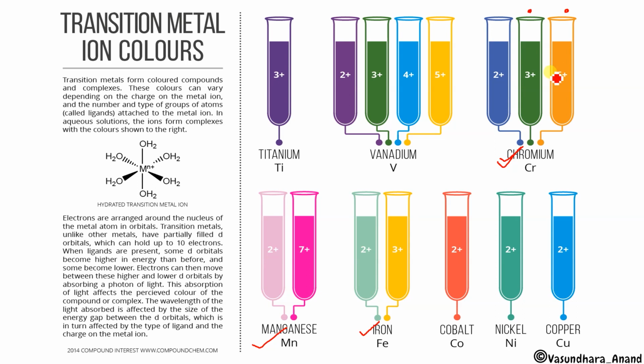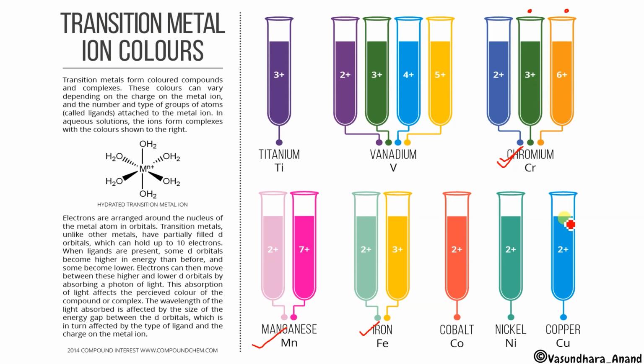Color changes are asked, like an orange colored substance, when it reacts with something, is converted into a green colored substance. This compound can be used in the detection of alcohol test also. So you have to learn which compound is orange and which is dark green.